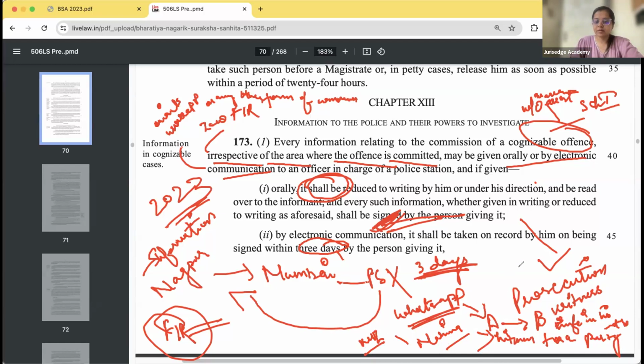And then the police call me back, ask me to come to the police station and sign the copy.